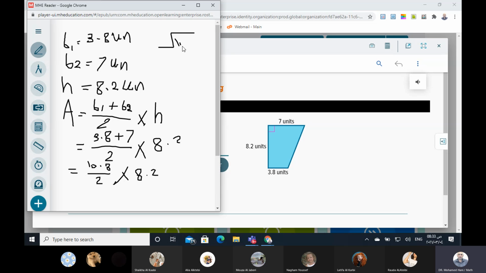Here we have 10.8 divided by 2. 10 divided by 2 will be 5. Take the point to the answer. Then drop 8. 8 divided by 2 will be 4. Now the answer will be 5.4.